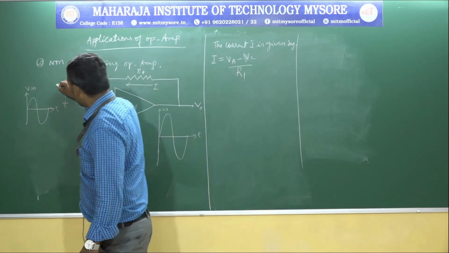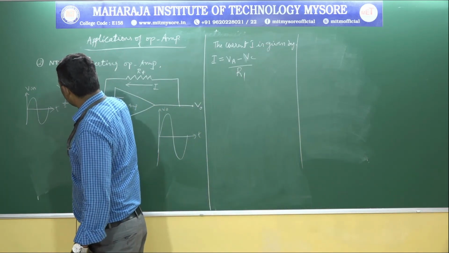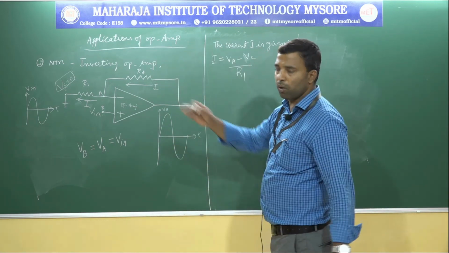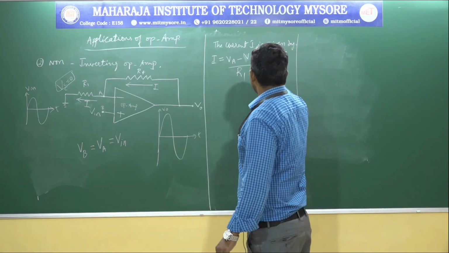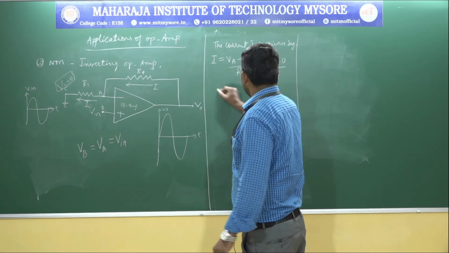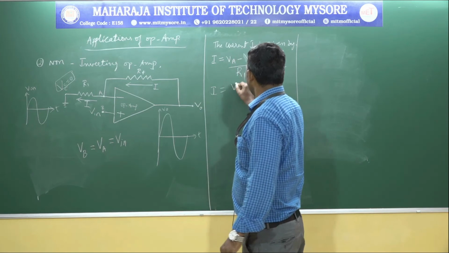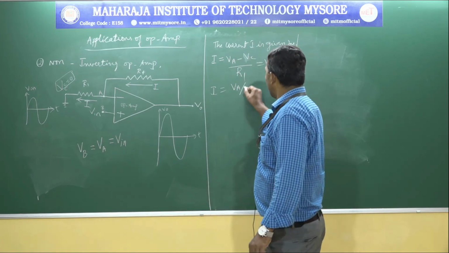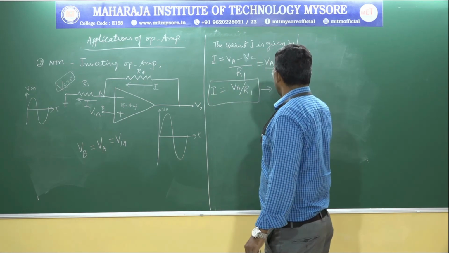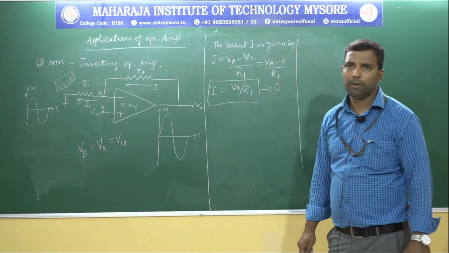The voltage at this point, VC, is 0 due to common ground potential. So that is VA minus 0 divided by R1. Therefore, the current I is given by VA by R1. Call this expression number 1.